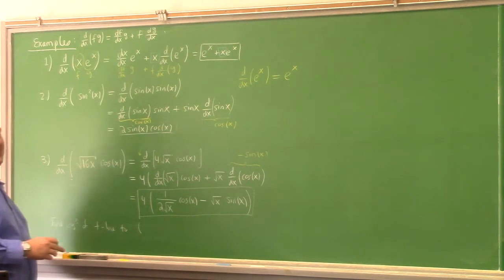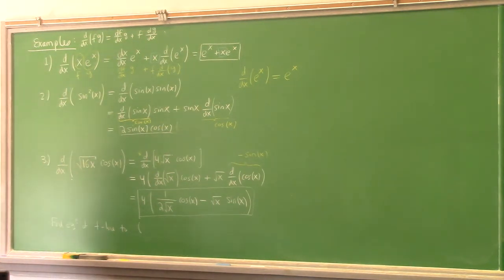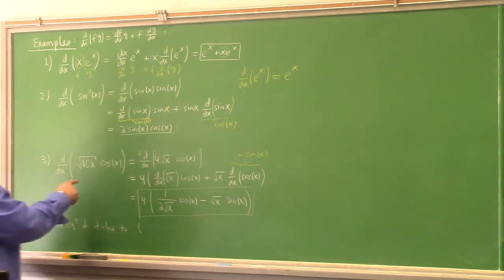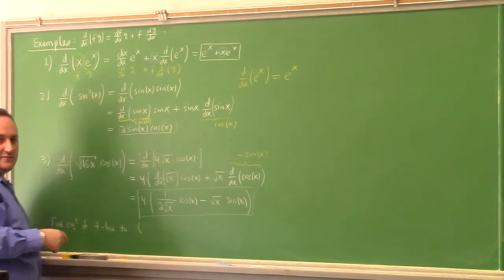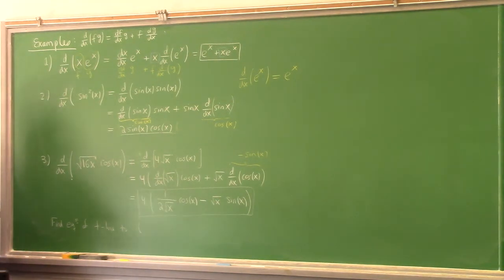I was about to try to do the tangent line at 0. Can you tell me why I shouldn't do the tangent line at 0 for this function, example 3? Yeah, it's going to blow up, right? Do we have division by square root of x? Put 0 into that, it's not good. It's because the square root function's not differentiable at 0, remember? Square root's got an endpoint at 0. It's kind of got a vertical tangent there.